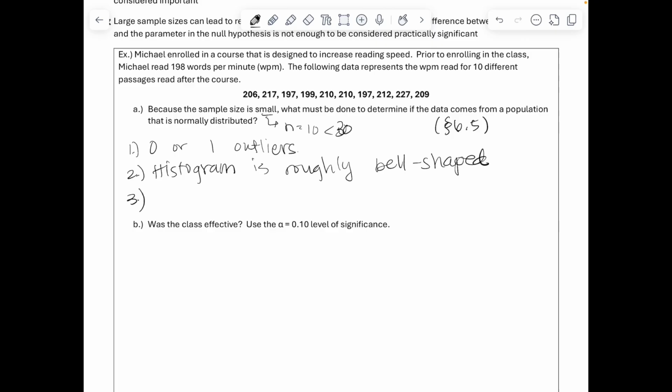And then our third one is that if we were to graph our normal quantile plot, we would see that it is approximately a straight line.